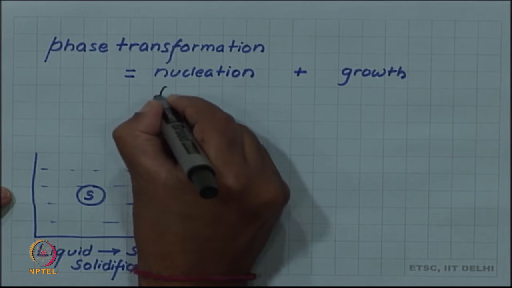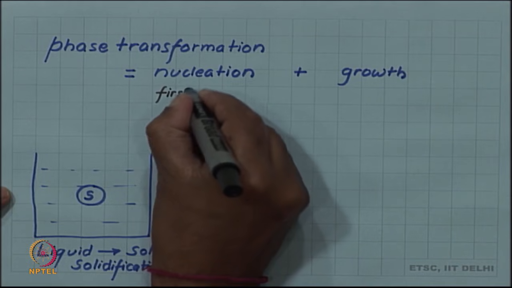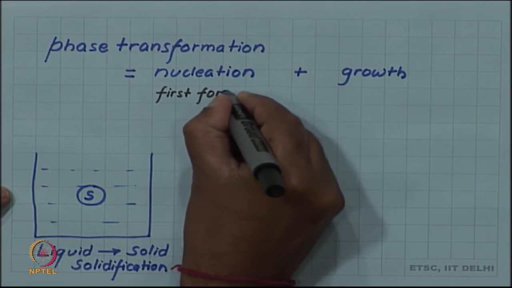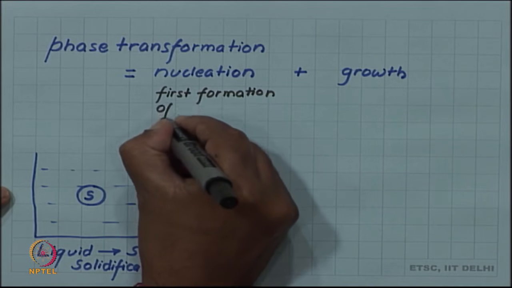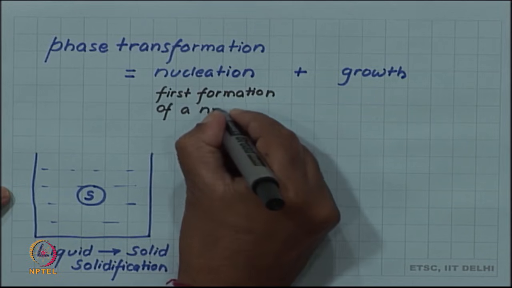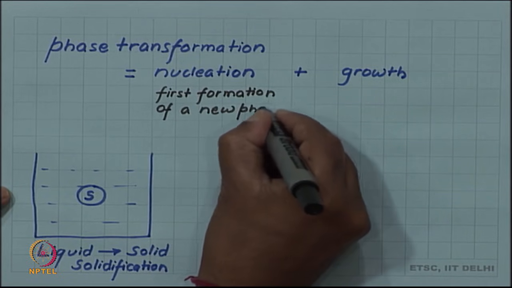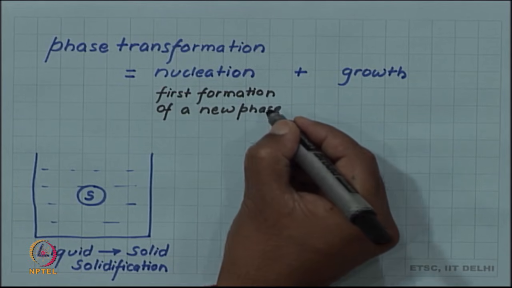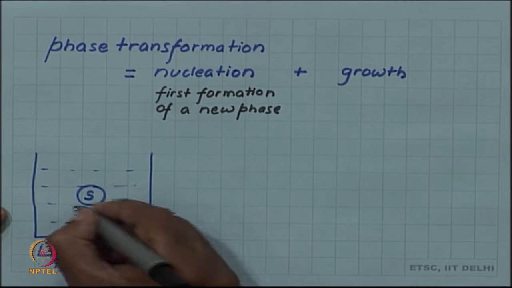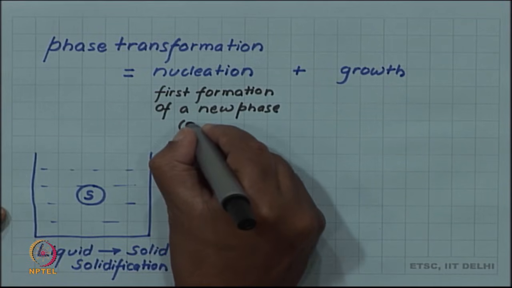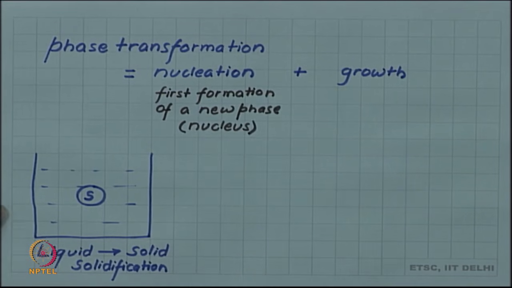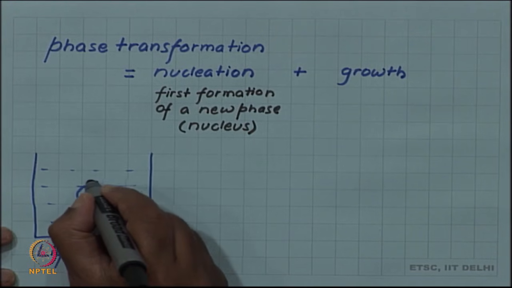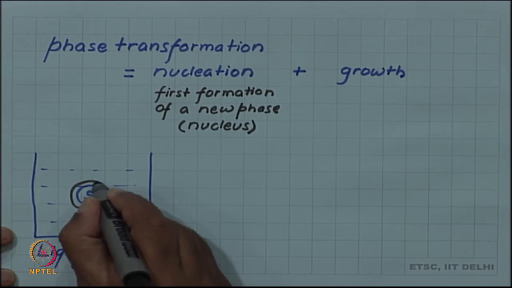So, nucleation is the formation of a new phase. This region which has formed in the beginning is what is called a nucleus. So, this stage is nucleation. After that, this nucleus which has formed will continue to increase in size.